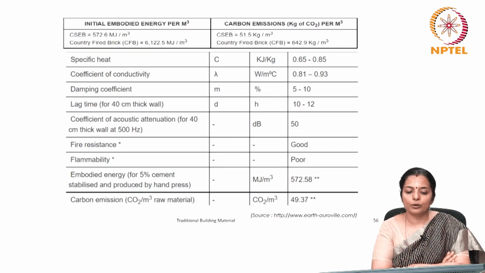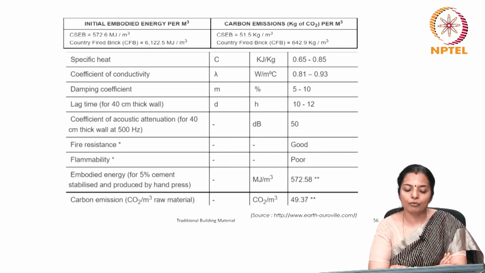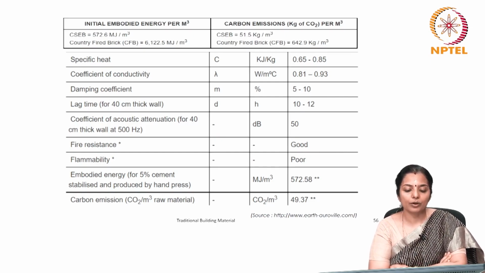Just a perspective to give you the embodied energy and carbon dioxide emissions of CSCB brick in comparison to country fired brick. The initial embodied energy of CSCB brick is about 572 megajoules per cubic meter, whereas for country fired bricks it's about 6000 megajoules per cubic meter.